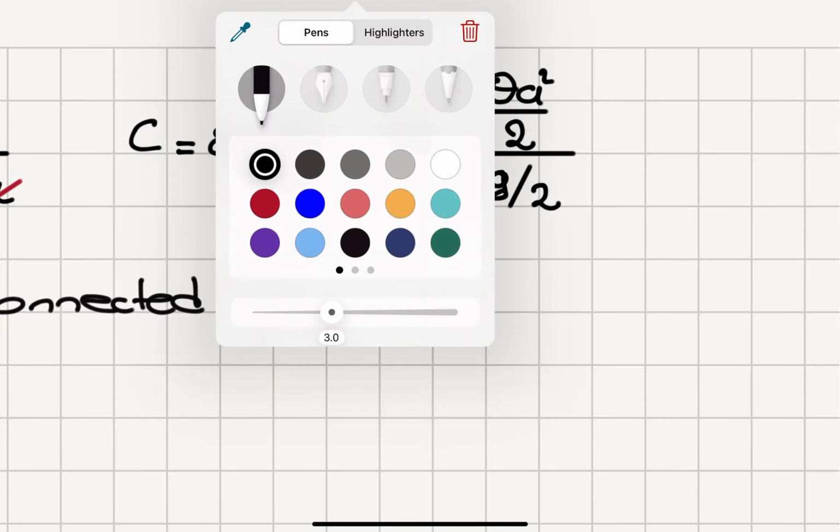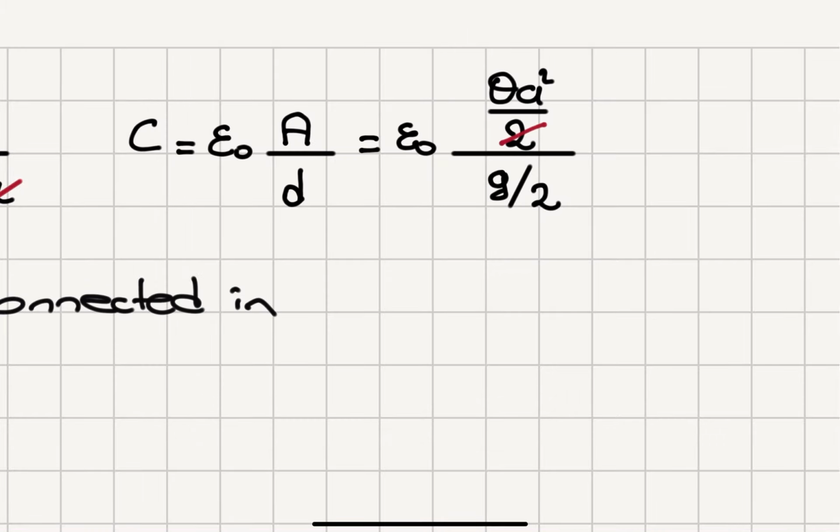So you can see that these 1 over 2's will cancel, and I will be left with a capacitance of epsilon 0 a squared theta divided by G.